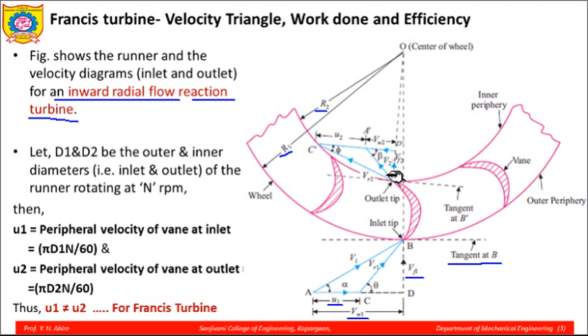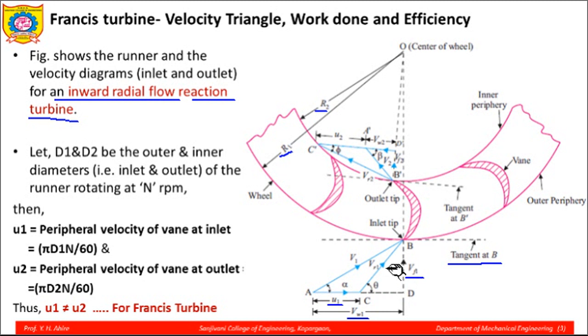This gives you the absolute velocity V2 at the outlet. Then the two components of V2 are Vf2, this is Vf2, and this one is Vw2. Okay, this is the whirl component in the tangential direction to the inner periphery, and Vf2 is the flow component normal to the tangential direction at the inner periphery.